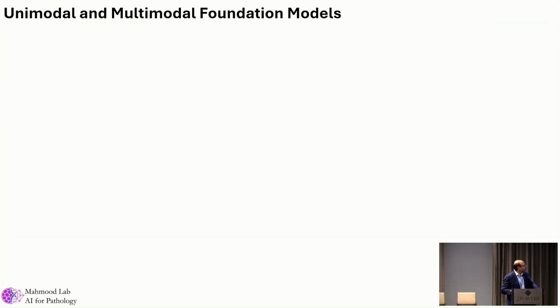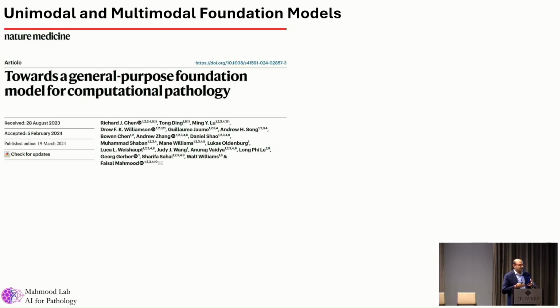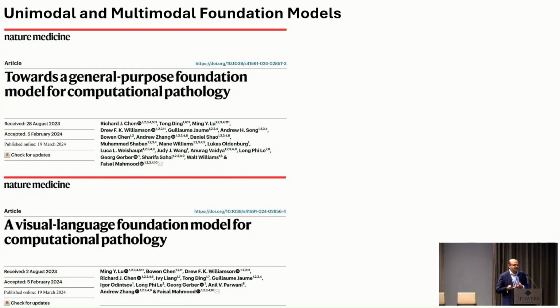And then last year we expanded this into two self-supervised models: one focused on pathology only, just the pathology image, and one also contrasting with text to improve image representation. And really the goal here was to develop these self-supervised models as feature extractors.